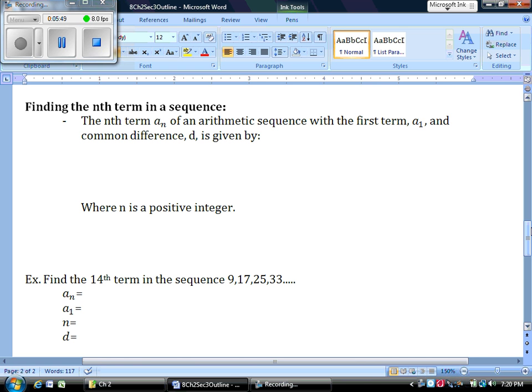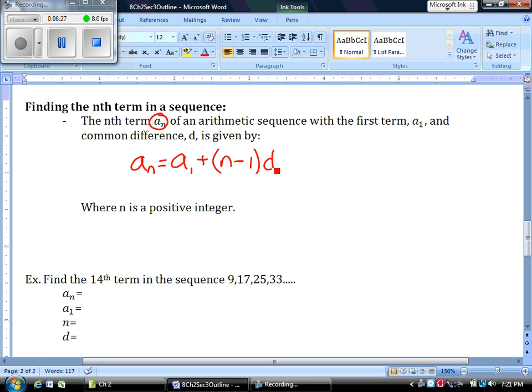The nth term, signified by a sub n, we know what that means, of an arithmetic sequence with the first term a sub 1, we already talked about that, and the common difference, which we call d, is given by, meaning the formula for finding the nth term in a sequence is a sub n, our nth term, is equal to the first term, a sub 1, plus n minus 1 times d.